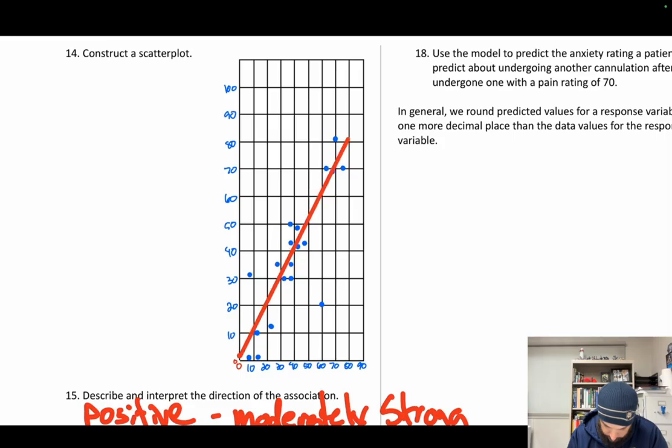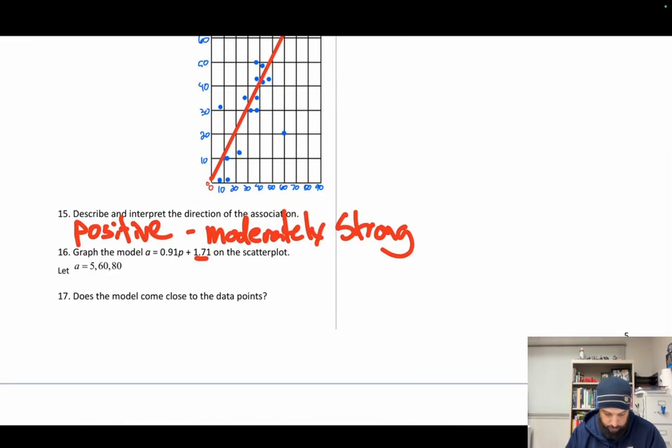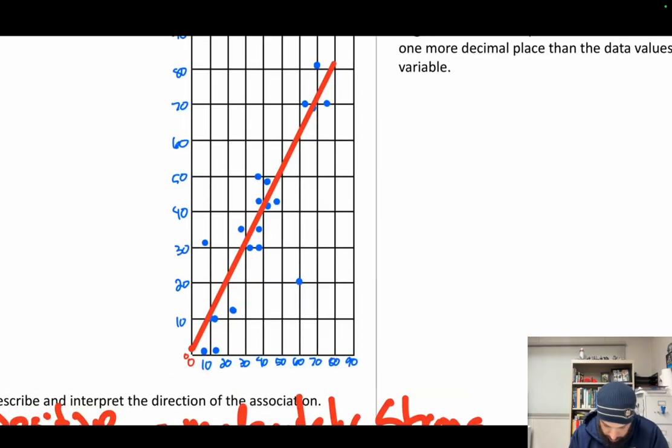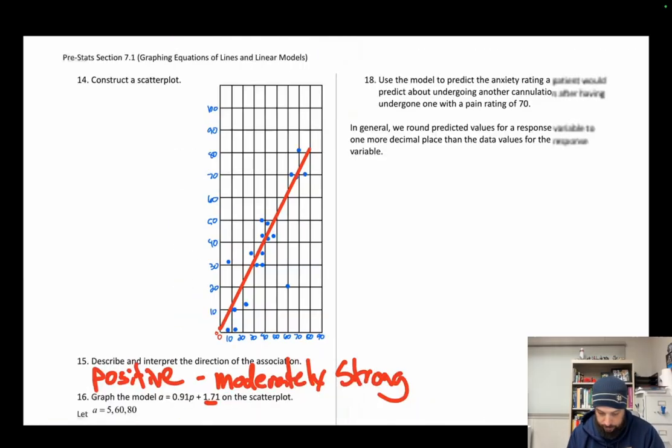A graph that looks a little bit like that. So does this model come close? I would say, yeah, it becomes pretty close to modeling. We got about an even distribution between points on the top and points on the bottom, kind of splitting it there. We're a little off here, but that has to be balanced. Maybe a little bit there. Potential outlier. It's pulling a little off in that direction as well.